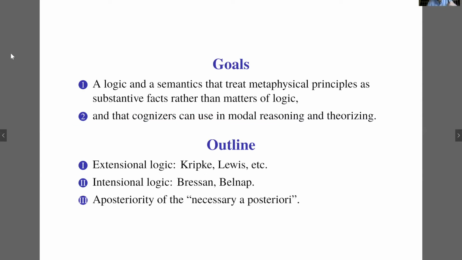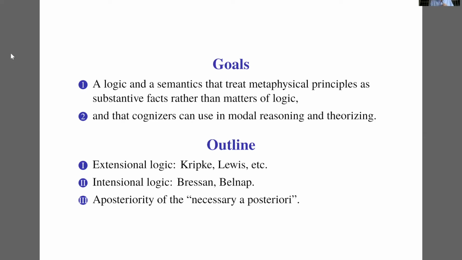So the goal of this talk is to give a logic and semantics that treat metaphysical principles as substantive facts rather than just matters of logic built into the definition of semantics, and moreover that cognizers can use, and philosophers are using in modal reasoning and theorizing. The outline of the talk will be something like reviewing extensional logic by Kripke and Lewis, counterpart theory, and so on.